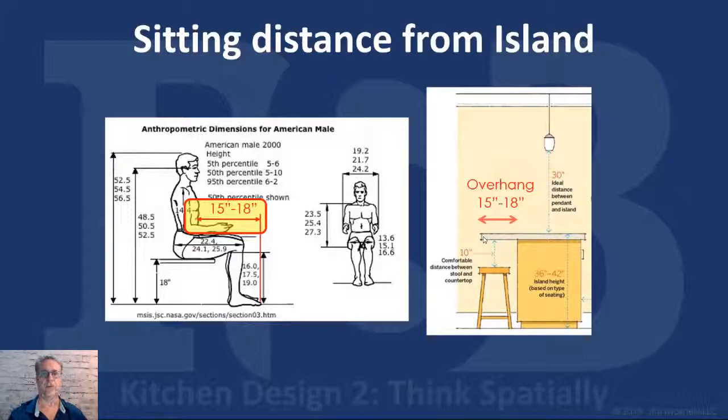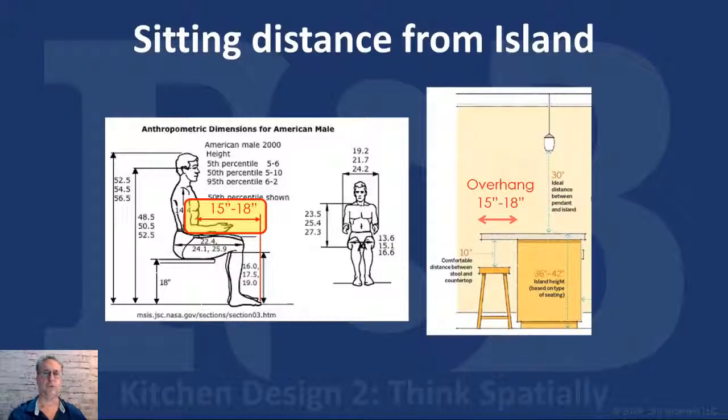You are not going to sit close enough to that edge of the counter that you can eat food that's here comfortably. It's the same difference between pulling your chair all the way into the table when you sit and eat and trying to keep it an extra foot away from the table. You have to lean over and bend over in order to eat when you sit at a counter.